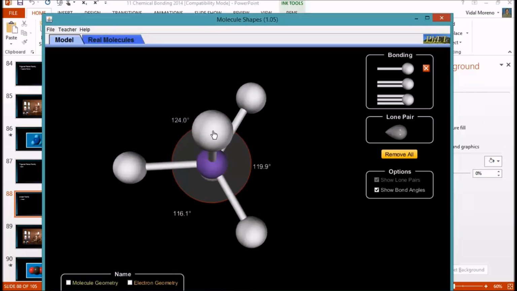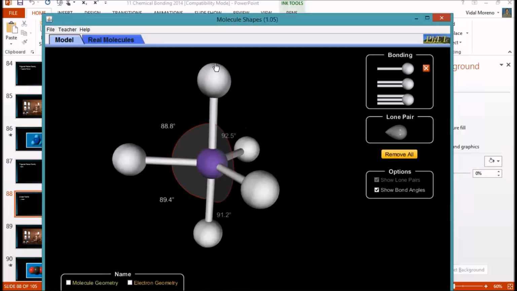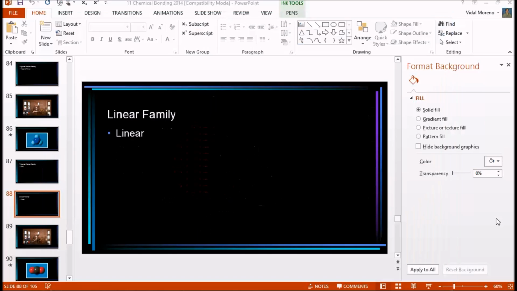The top is 90. Yes, two angles, 90 and 120. It is called a bipyramid. A bipyramid. Let me see if I can explain to you.